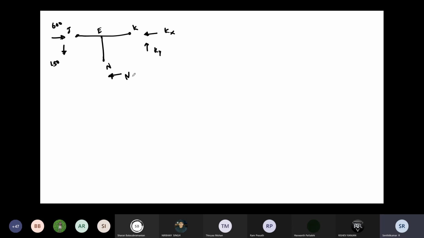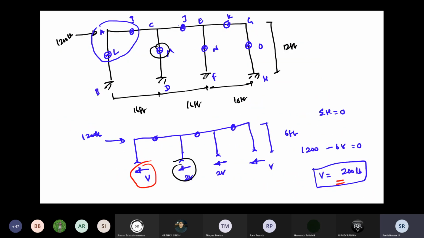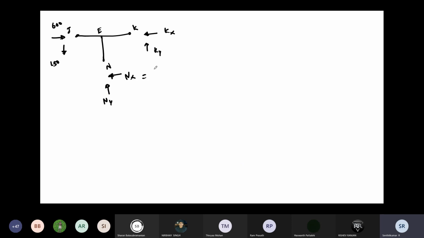This will be Nx, Ny. I don't know the values, I am just putting the drawing. So Nx we already know, the internal one, 2 times V. So 2 into 200, 400 pounds. That we know. So again we have to find out all other things.